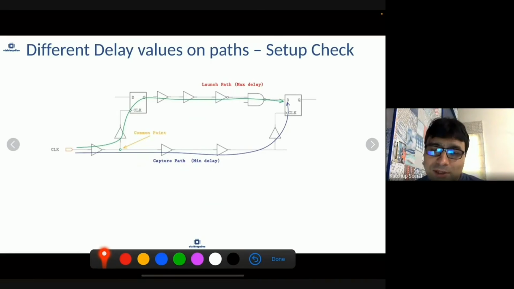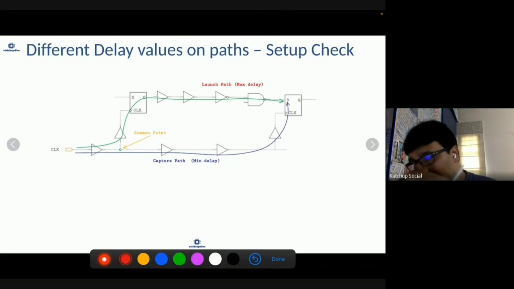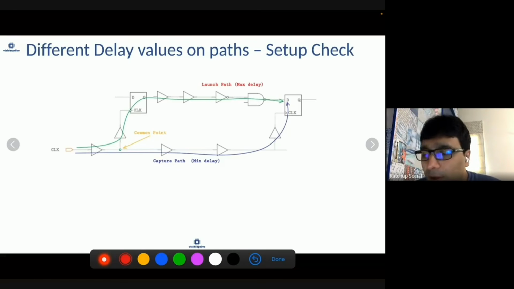Now, as we had seen, path elements have delays. The delays have certain values. On the same path, there is some minimum delay value and some maximum delay value. Delay can be more or less depending upon whether the data is rising or falling, or you can have multiple libraries, where different parts of the chip can have different delays, and to account for that, you have different libraries like minimum libraries, maximum libraries, and nominal libraries.